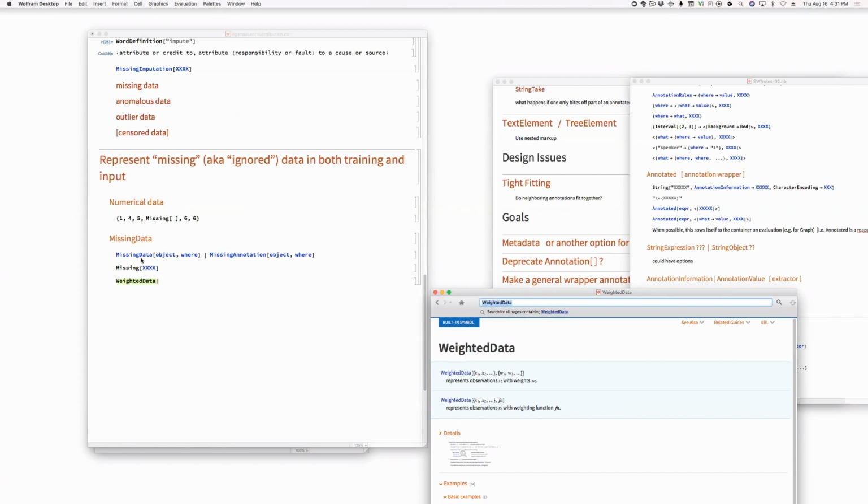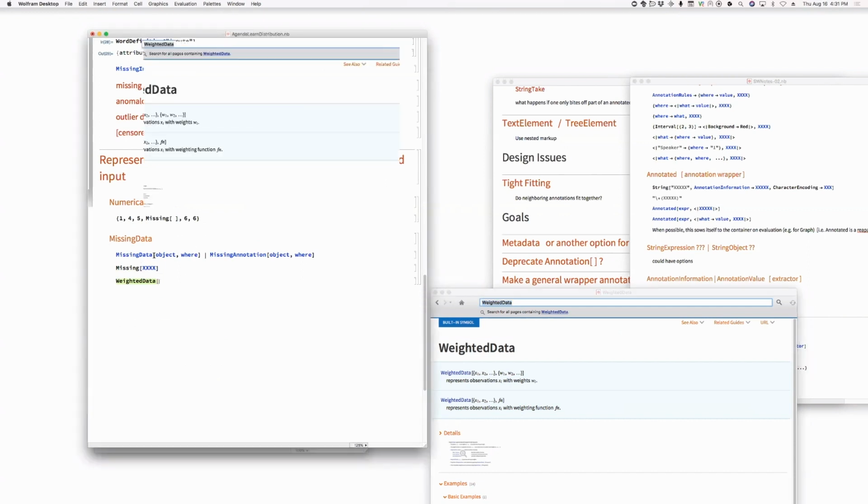Okay, so I don't particularly like using the term missing data for this, because that suggests that what we are presenting is the missing data, whereas we're merely saying where the data is missing. See, weighted data, it's the data, but it's got weights. See what I'm saying? Yeah.